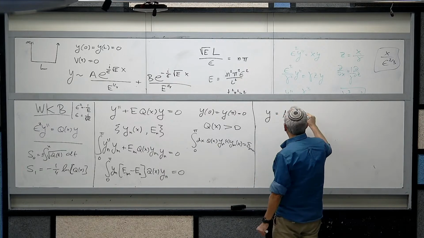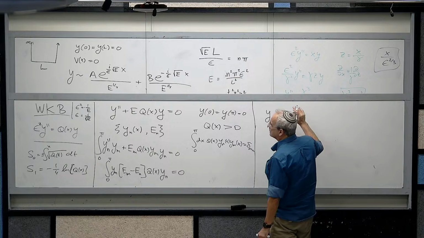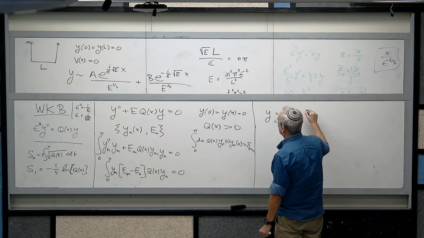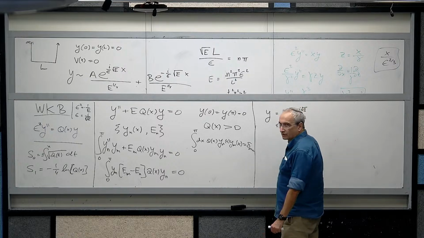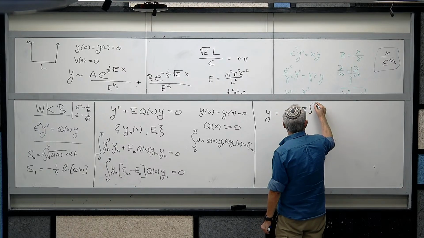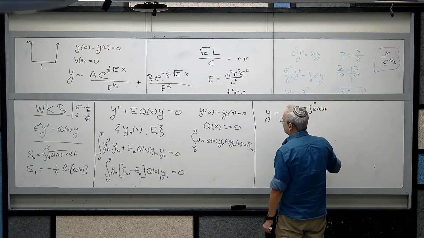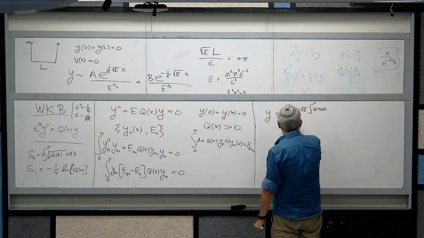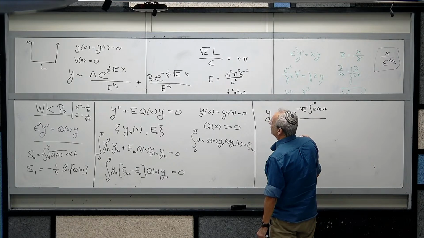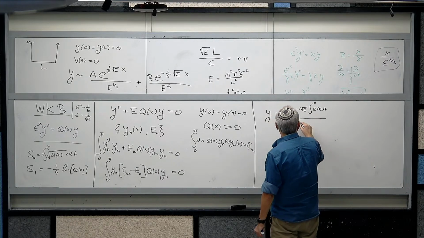I have e to the 1 over epsilon. What is 1 over epsilon? 1 over epsilon is minus i square root of E. This is 1 over epsilon times the integral up to x of q of t dt divided by, again, what I have is q to the 1 quarter.